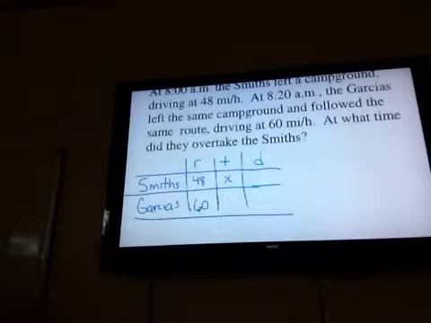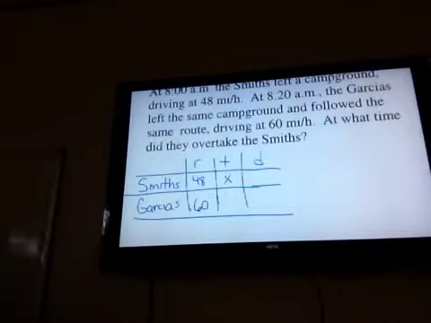Now, the time on the clock is important though, because the Garcias left 20 minutes later. 20 minutes is how much of an hour? 1/3. Now, if they left later, are they traveling less time or more time? Less. This is a really common mistake.